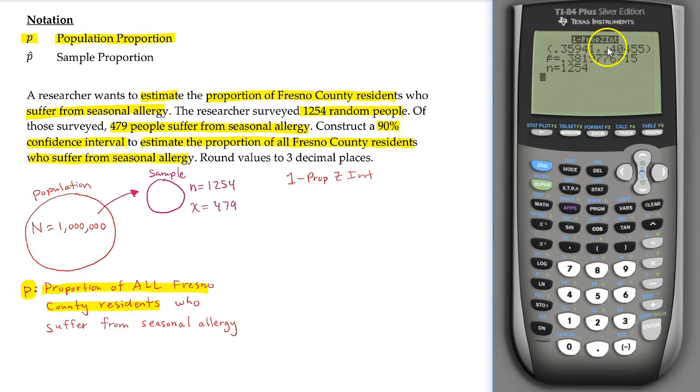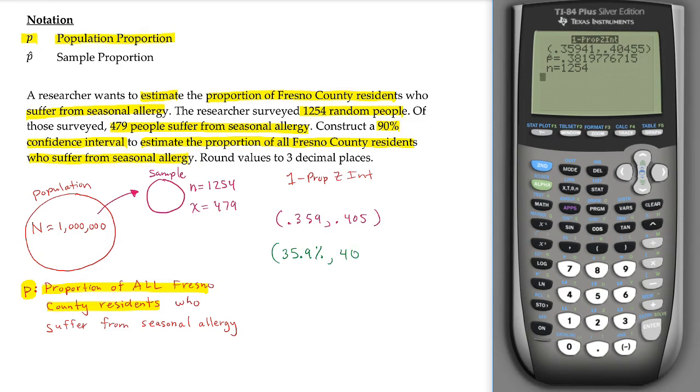So this is our interval. This is the lower limit, this is the upper limit. Let me go ahead and write that down and explain what that is. 0.359 is our lower limit. The upper limit is 0.405. And I'm going to change these to percentages because people tend to understand percentages better than decimal numbers.